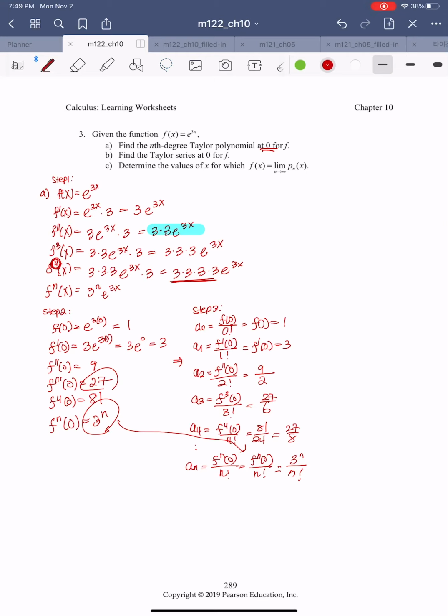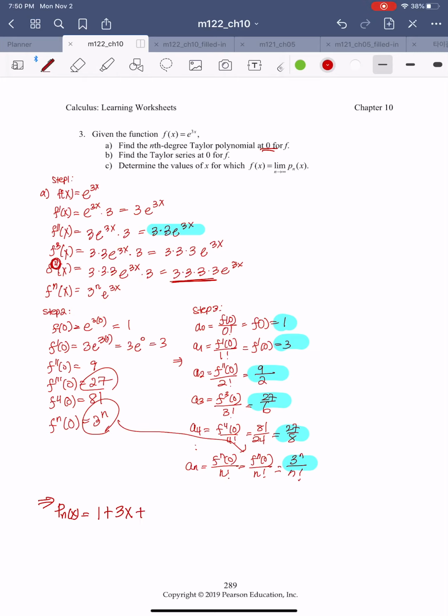So my Taylor polynomial at the nth degree will be, these are my coefficients here: 1, 3, 9 over 2, 27 over 6, 27 over 8, and 3 raised to the n divided by n factorial. So my p sub n of x will be 1 plus 3x.